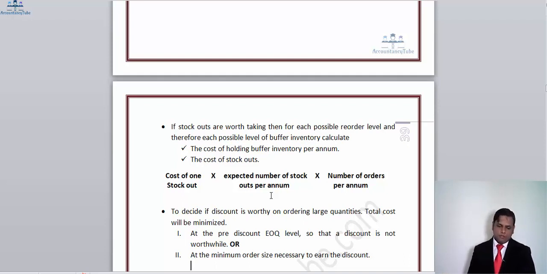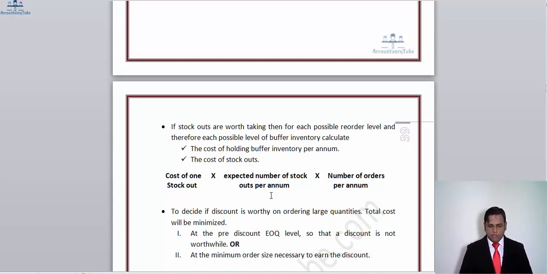The formula for this is cost of one stock out, expected number of stock outs per annum, and number of orders per annum. It's simple as that. You only need three figures. All will be given in an example, and you multiply them to get the figure upon which you can make the decision whether the stock out should be accepted or not.